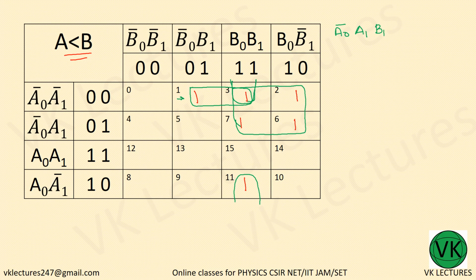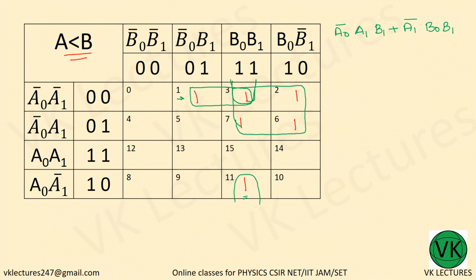Second pair is here, so in this column b0 b1 will remain, a0 bar a1 is here, a0 bar and a0, a1 bar, so a0 and a0 bar will go, a1 bar will remain, so plus a1 bar b0 b1. And now we have this quad.